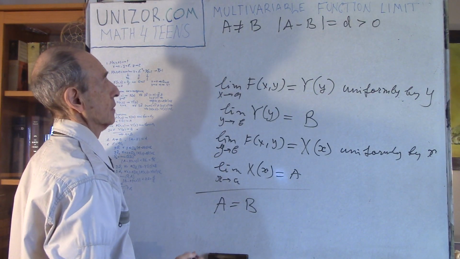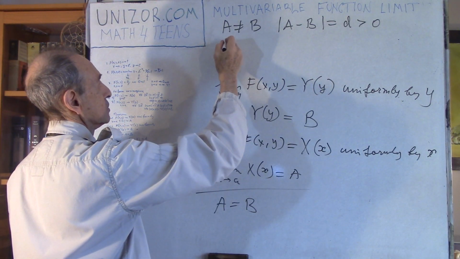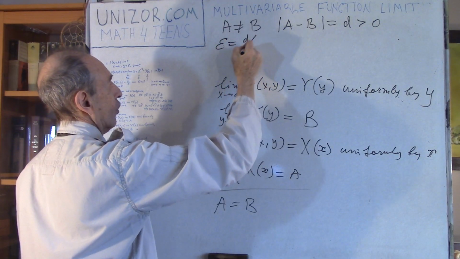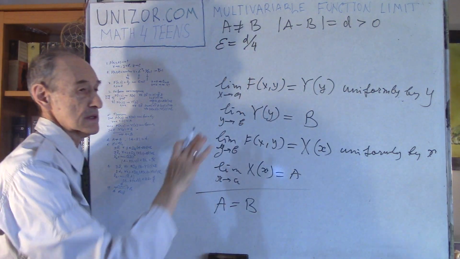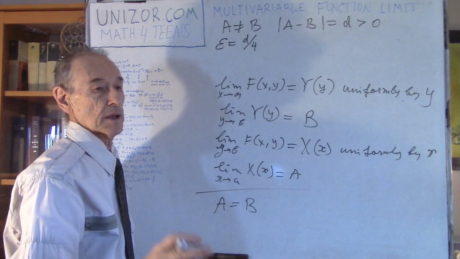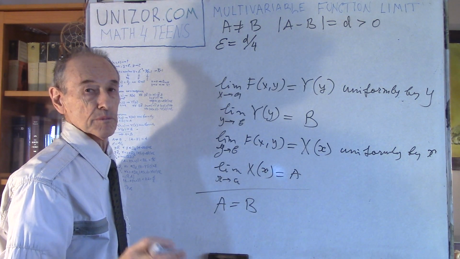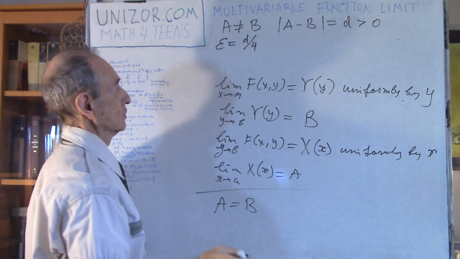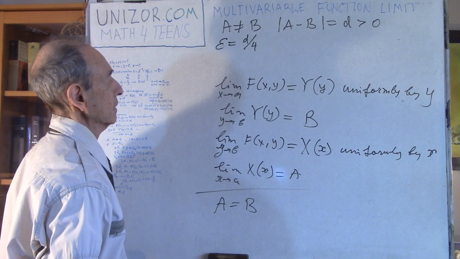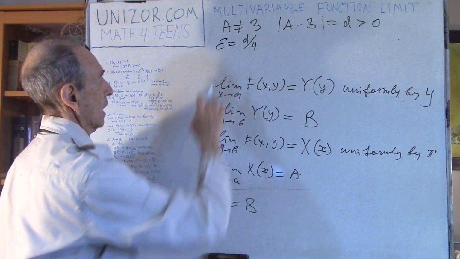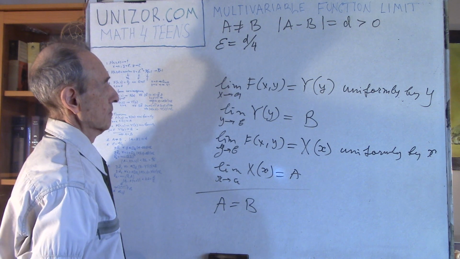So how can I come up with this contradiction? I'll choose epsilon equals d over 4. By the way, this is very close to the similar proof which I did for sequences, for double limits.